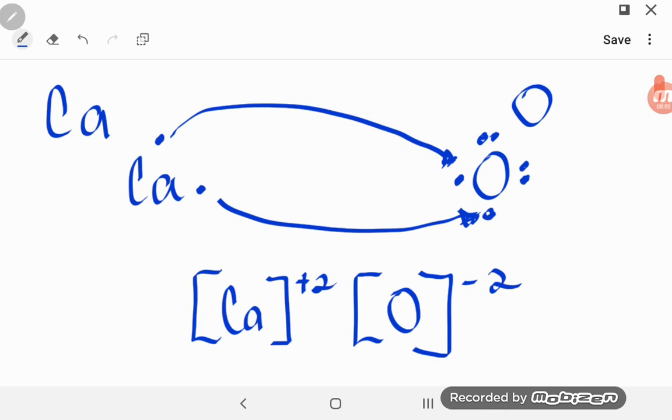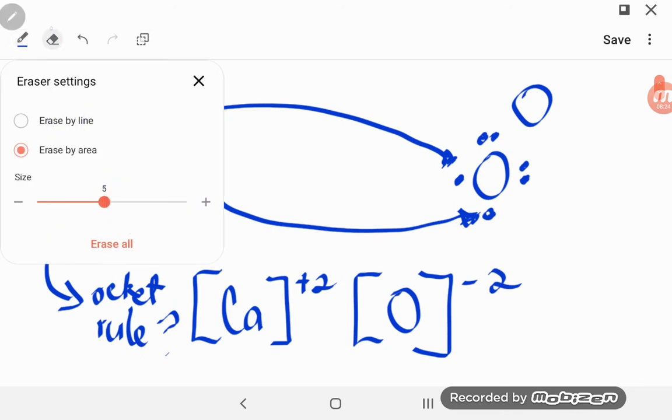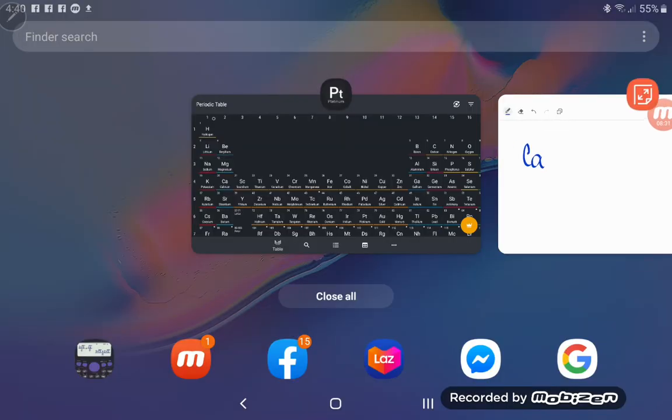Now another question will be, did calcium really attain the octet rule? Yes or no? The answer is yes. Now in order for us to understand it very well, we are going to go back to its electronic configuration. So let us write first the electronic configuration of calcium. Calcium is Ca and its atomic number is 20.